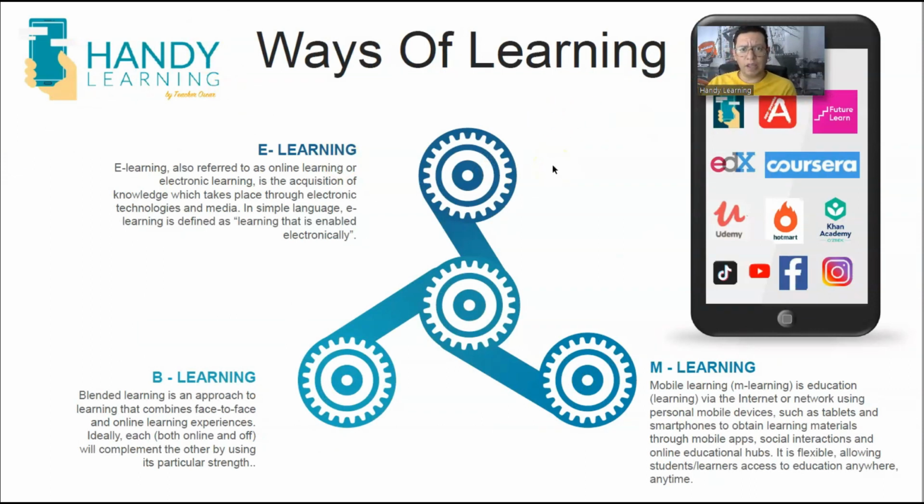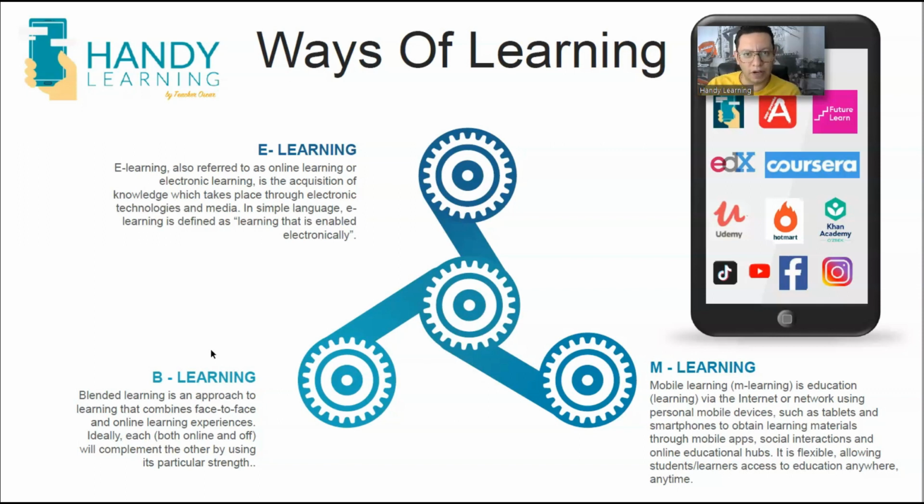In connectivism, we have 3 different modes of learning. We have the classical e-learning, which basically means learning through any kind of electronic device. That is why it's called electronic learning. But we also have what is called B-learning, which stands for blended learning, which means a kind of hybrid way of taking lessons.